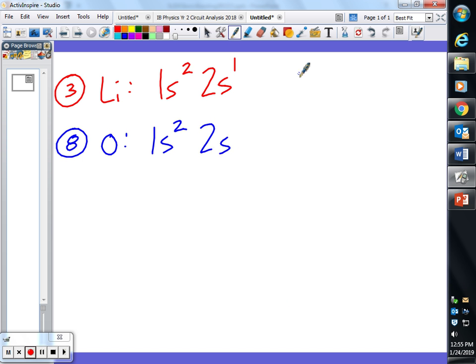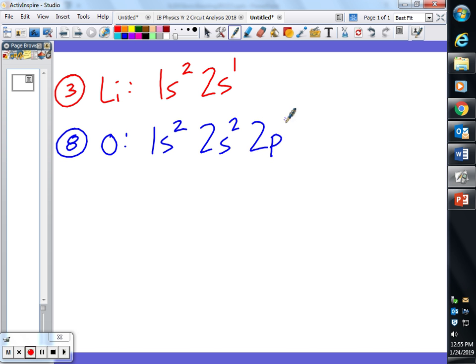How many electrons can it hold? 2. Do we remember the next orbitals? 2p. How many 2p orbitals are there? There are 3 2p orbitals, and each one of them can hold a total of 2, so that would be a total of 6, right? Although in this case, how many electrons do we only need to put in there?